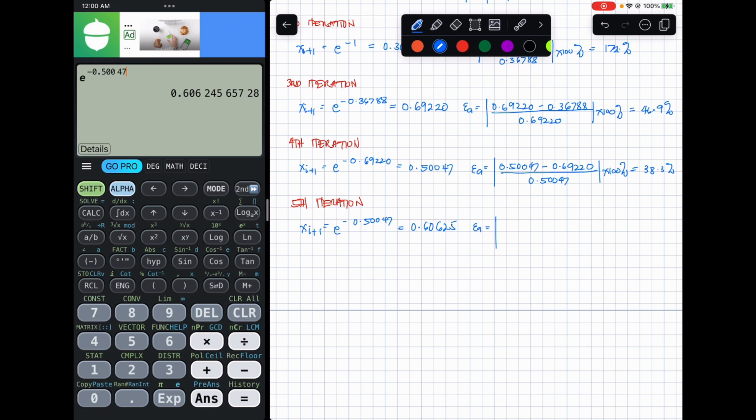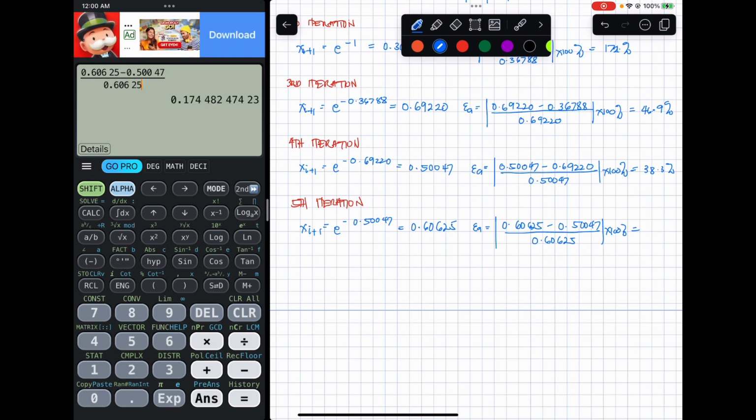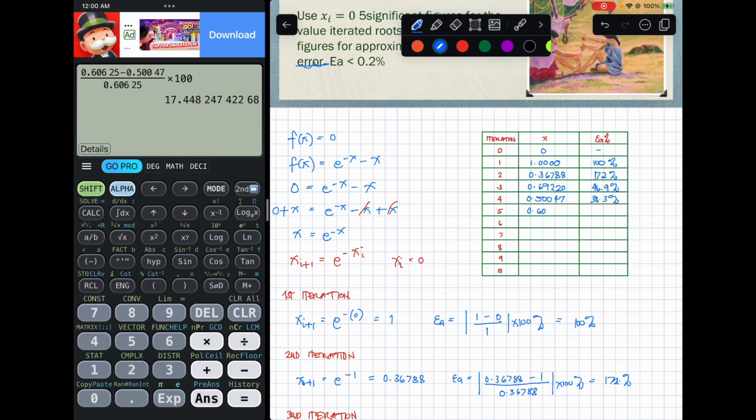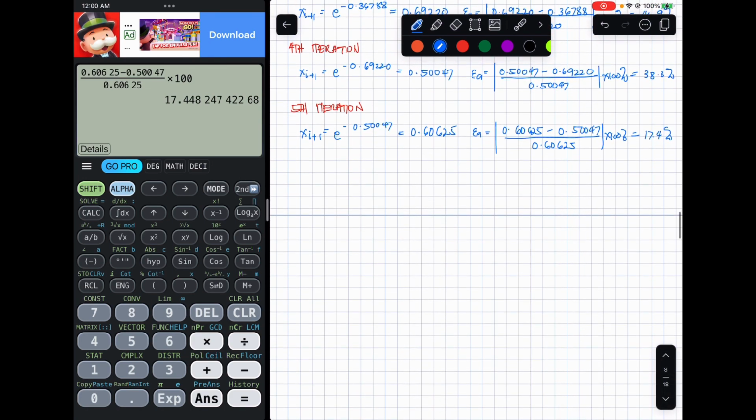So our approximate error is 0.60625 minus 0.50047, over 0.60625, times 100, which is 17.4%.